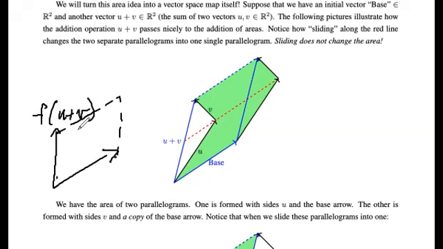Now, what this is saying is that this right here, f of u plus v, is actually going to be equal to f of u plus f of v. Okay, I'm using this vector notation, but for arrow vectors, so you have u plus v is going to be this u plus v here. And let's think about that.